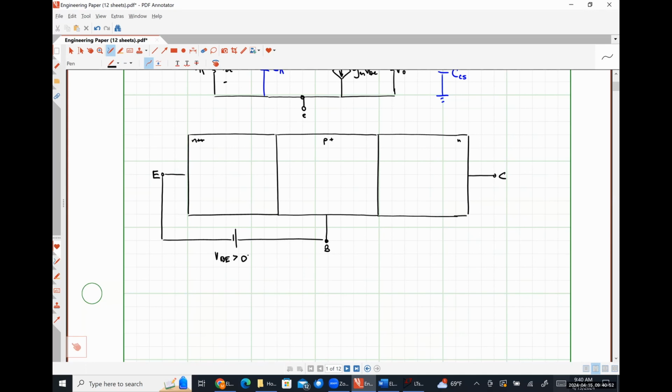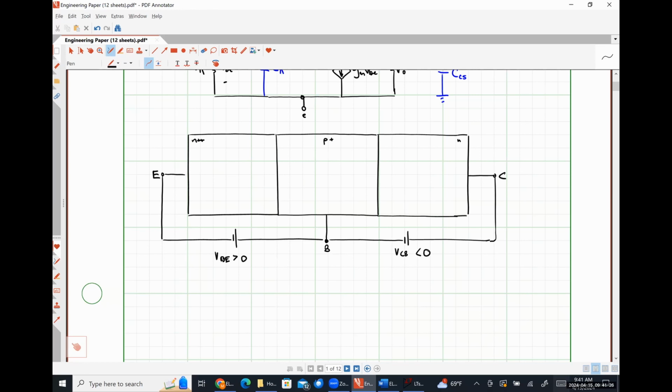And our base collector junction needs to be reverse biased. So VCB here needs to be less than 0.